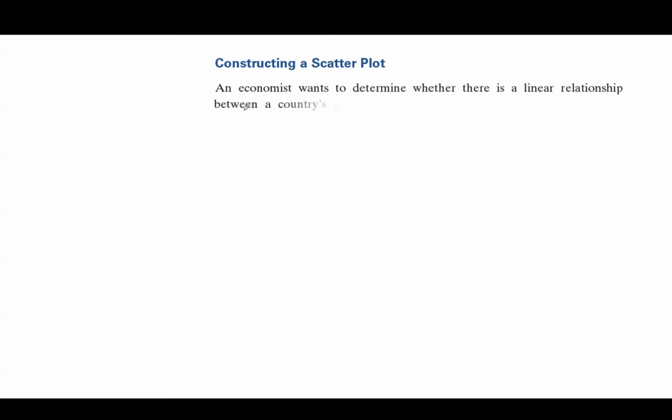So how do we construct a scatter plot? In order to construct a scatter plot, you just need to plot the dots in the xy plane. Let's go over one example together. An economist wants to determine if a linear relation exists between a country's gross domestic product, GDP, and the carbon dioxide, CO2, emissions.